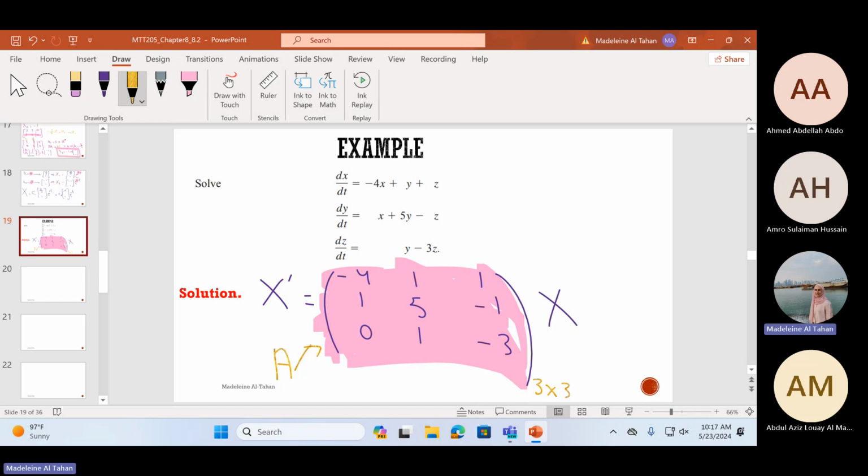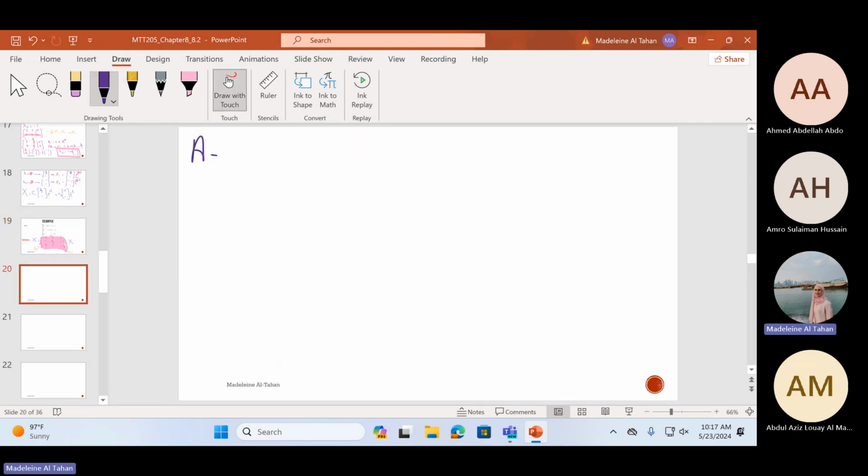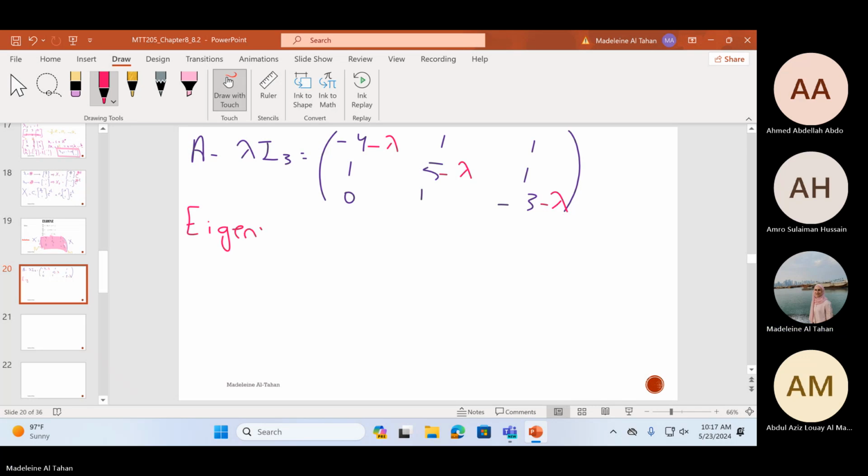Right, A minus lambda I. We need to write now A minus lambda I. Okay, what will we get? We will copy it again, and we will subtract lambda from the main diagonal. Now the eigenvalues. What do you see?